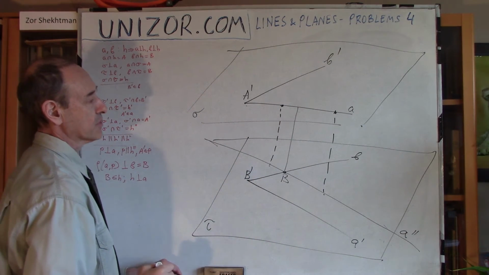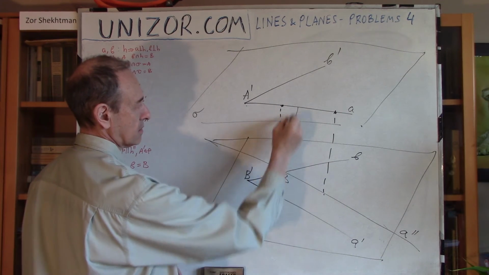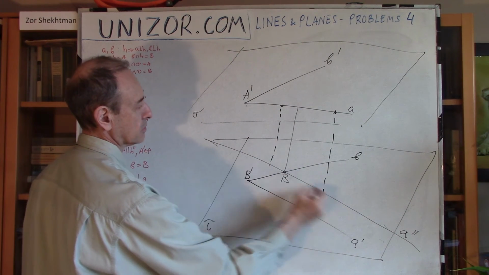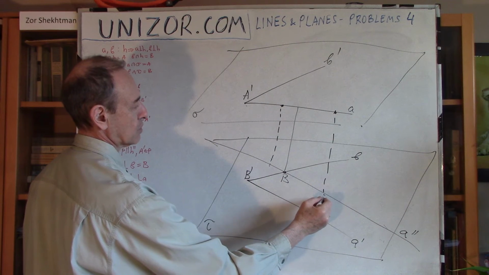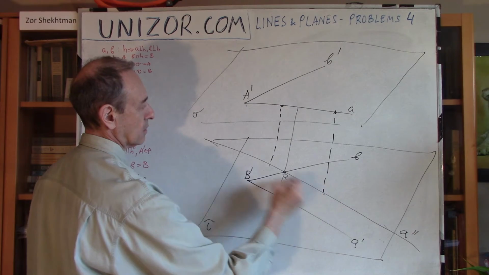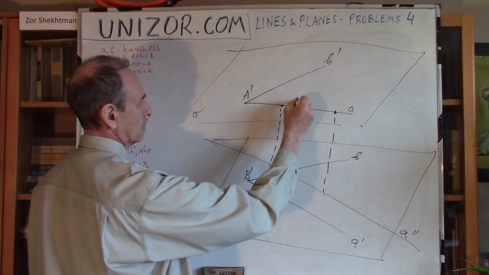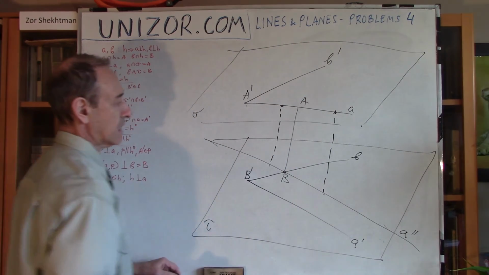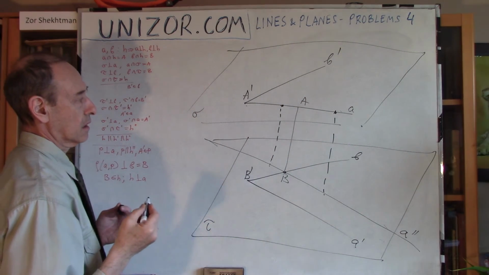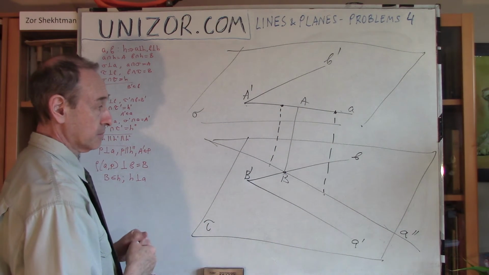I construct the perpendicular up. Now these are parallel lines, and this is also perpendicular to the same line A secunda, so they're all lying in the same plane. So it will cross line A at point A. That would be a common perpendicular. Why?